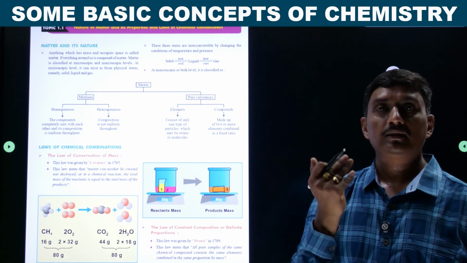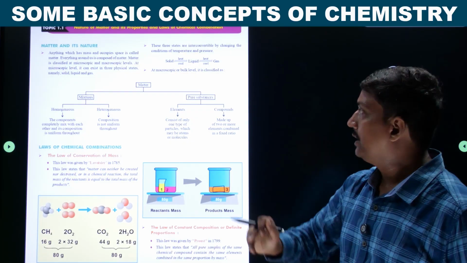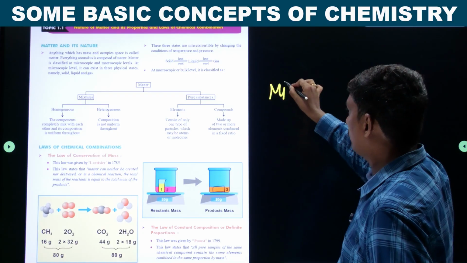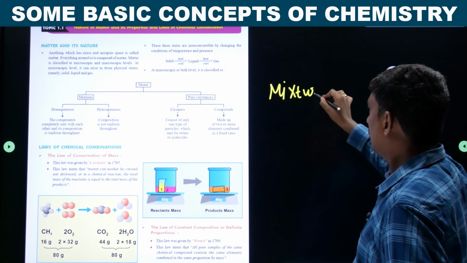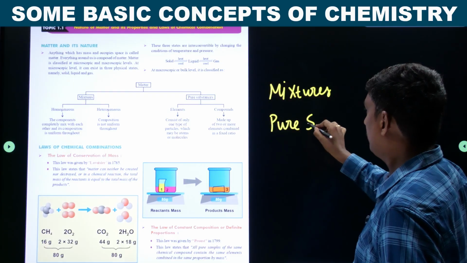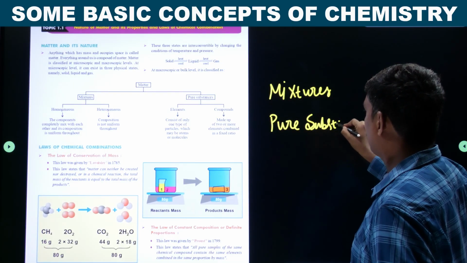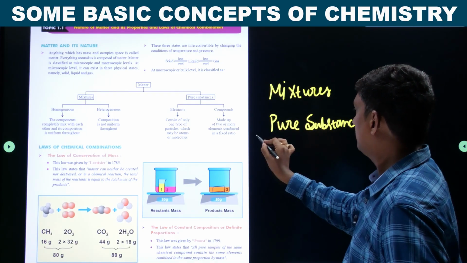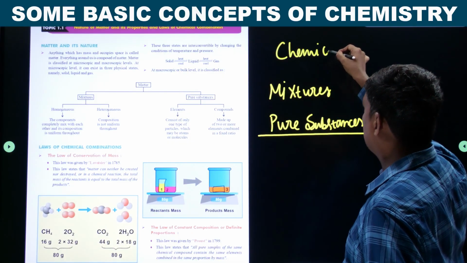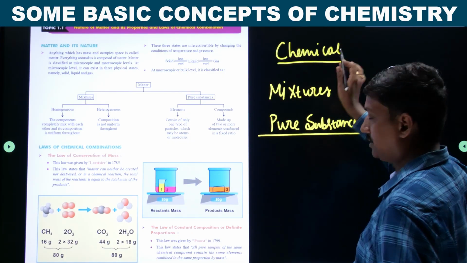How is matter chemically classified? It is classified into two types: one is mixtures, another is pure substances. This is the major classification based on chemical nature.